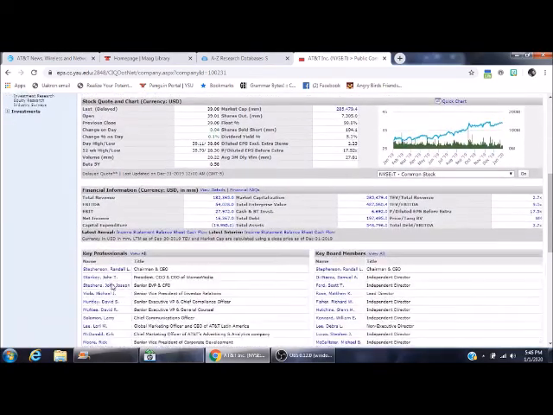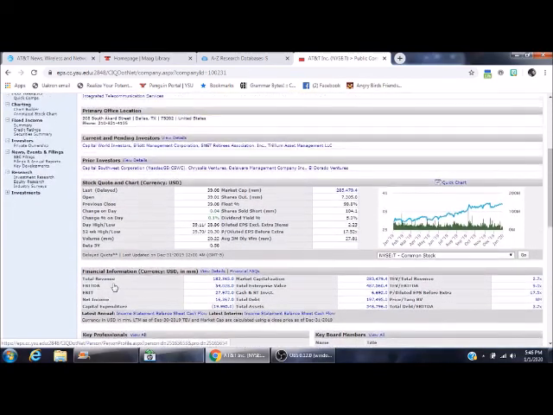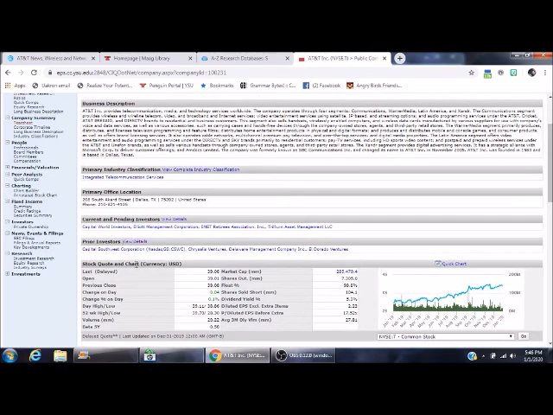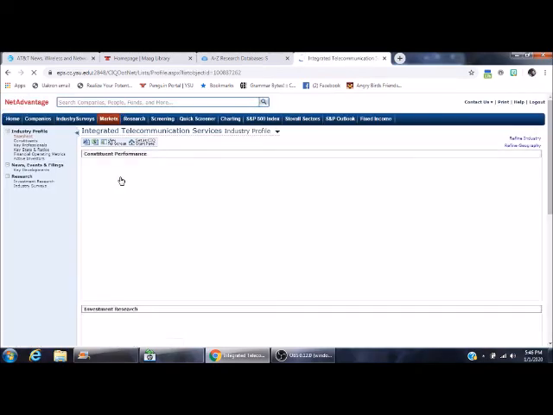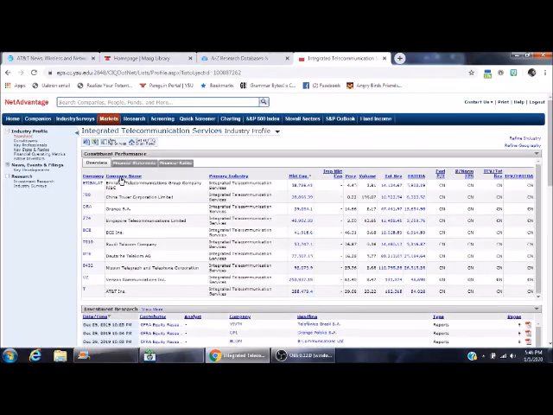Standard & Poor's NetAdvantage. By clicking on primary industry classification, I can see what other companies are in that same grouping. In other words, exactly who AT&T's competitors are in the same industry. One of them here, not surprising, Verizon Communications.